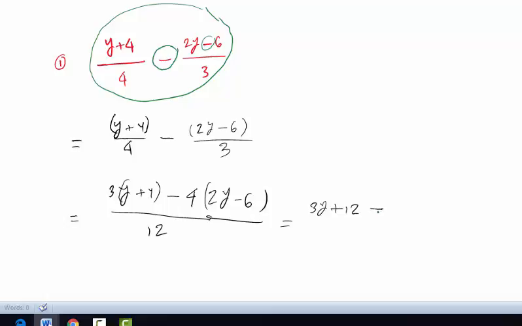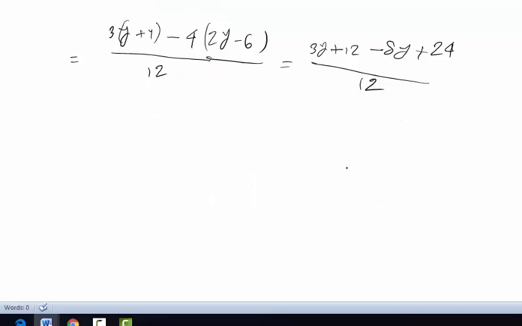Minus, now look at the impact. 4 times 2 is 8, so we have negative 8y. Now this negative and this negative, if you multiply negative by negative, we get a positive sign. Then 4 times 6 equals 24. That leaves us like this.